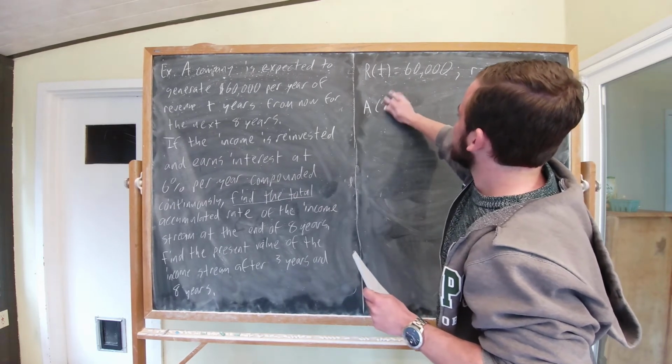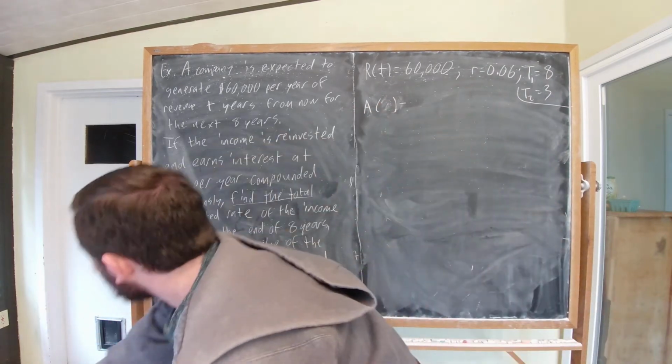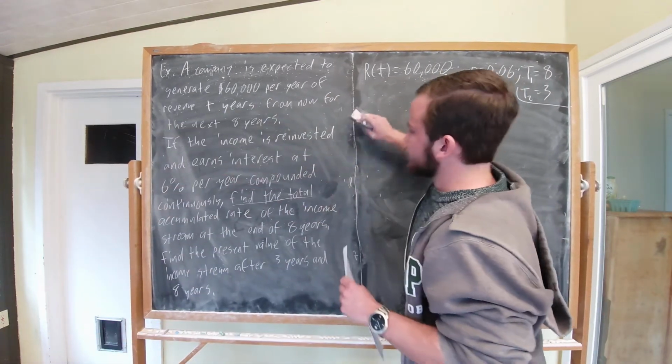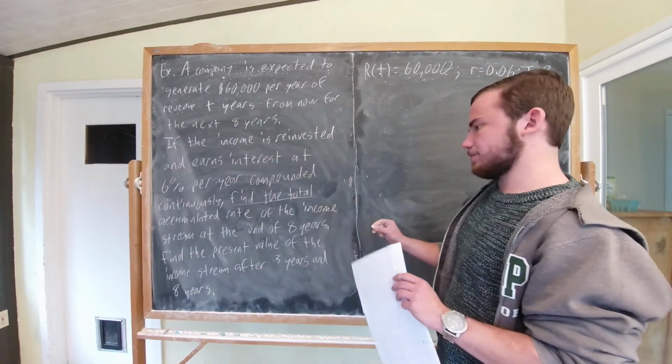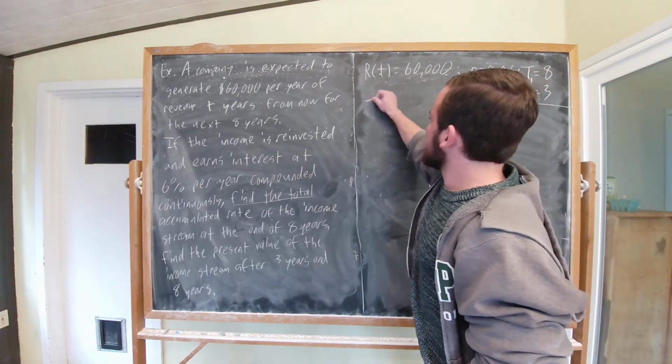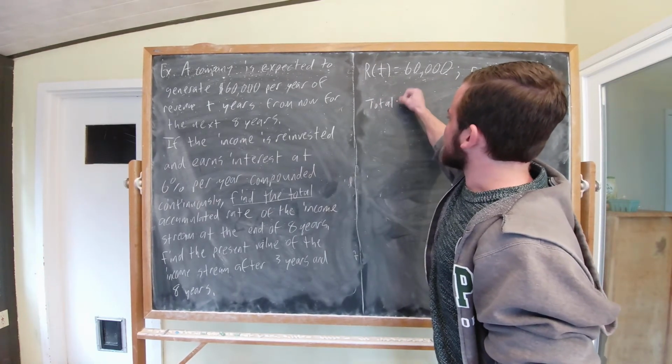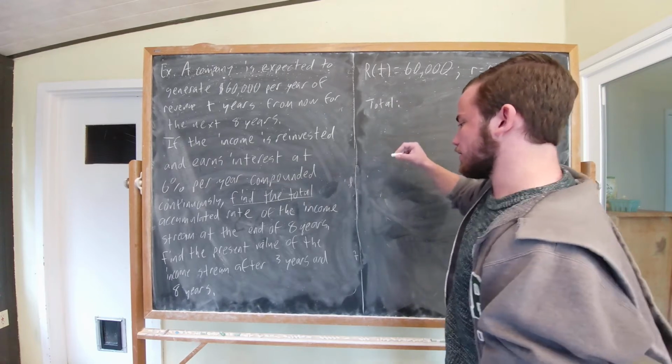Now, trying to figure out my notation here. Let's say A total, for the total accumulated interest.